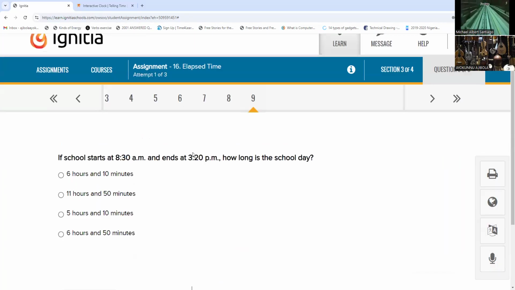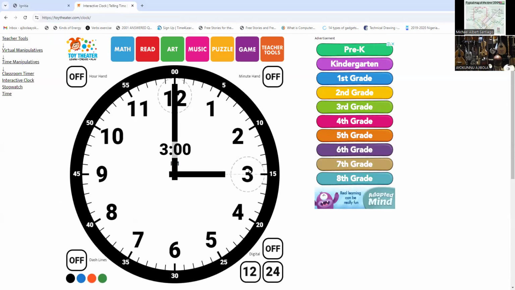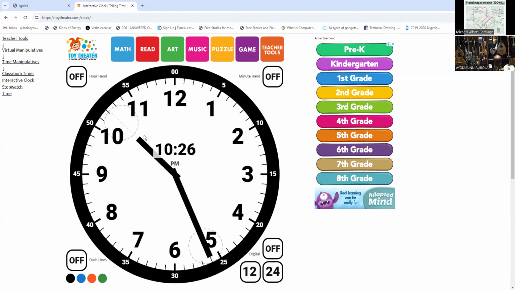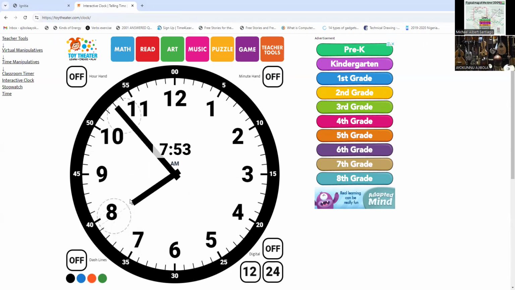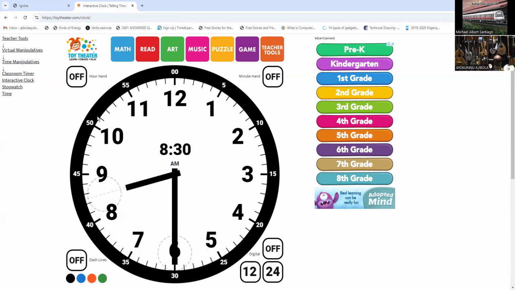So the next one, if school starts at 8:30 a.m. and ends at 3:20 p.m., how long is the school day? 8:30 a.m., 3:20 p.m. So let's go to 8:30 in the morning. This is 8:30, okay?